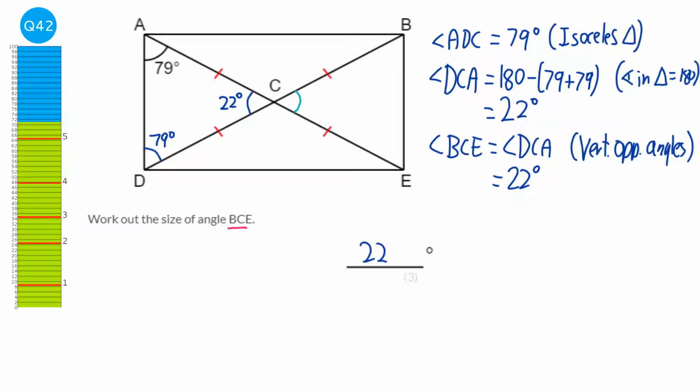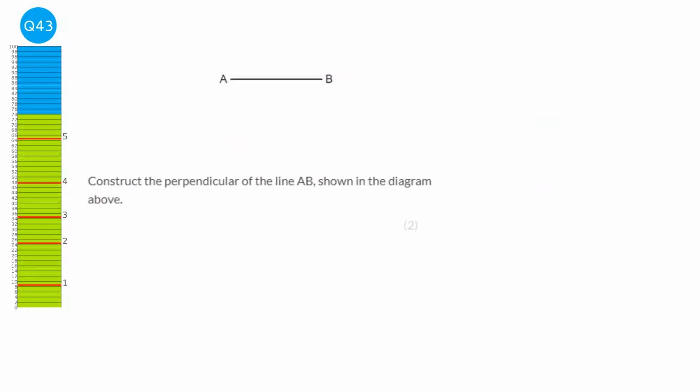There's a very specific way to draw a perpendicular from a line. What you do is you get a pair of compasses and measure roughly 3/4 of the way between A and B, and draw an arc from point A, and we're going to draw an arc from point B. And you can see that the 2 arcs intersect here and here.